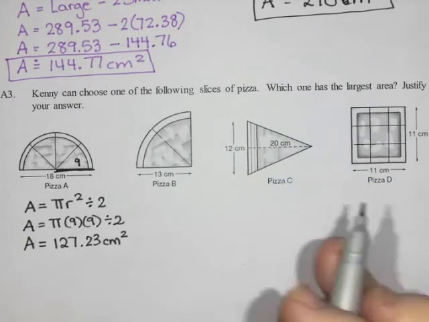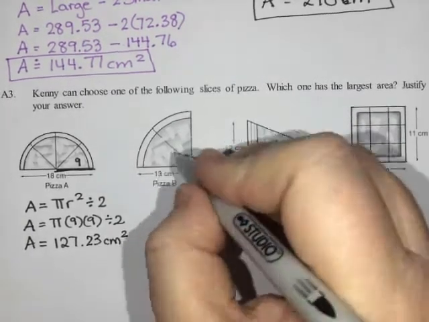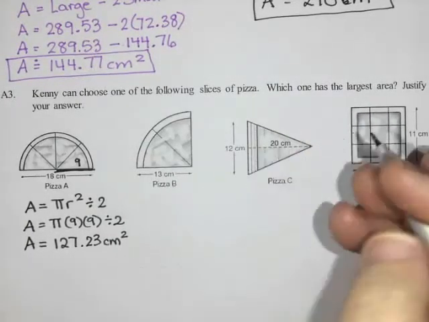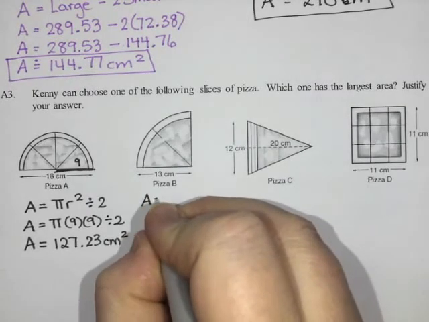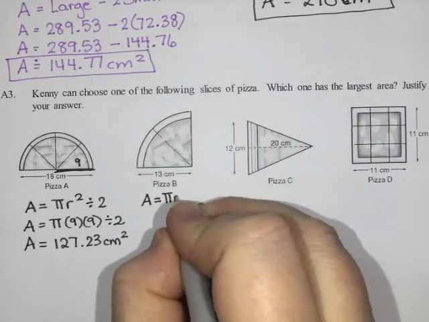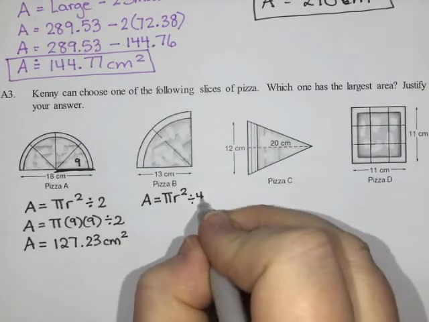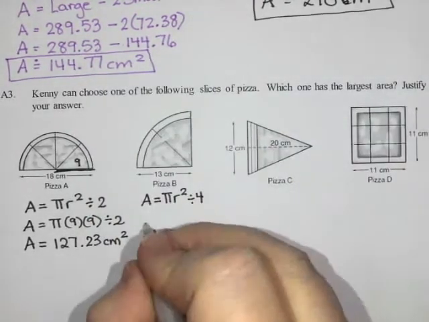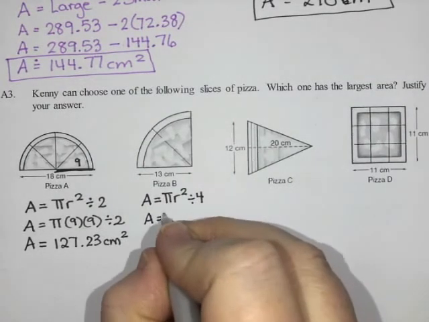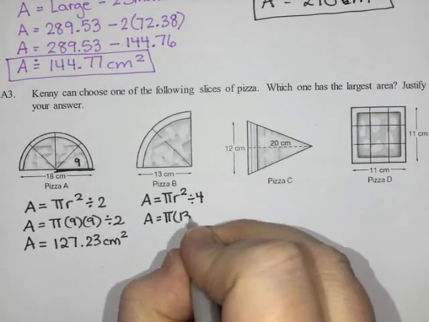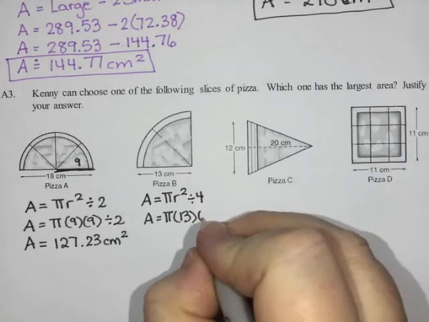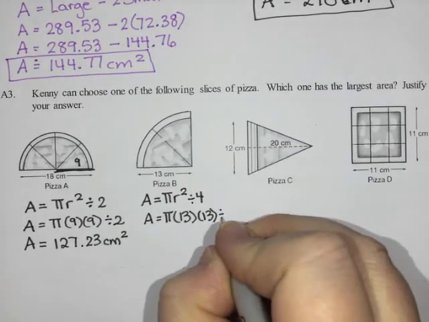Okay, I'm going to take a look at the area of the next one. So this one is only a quarter of a circle, so we're still going to use pi r squared, but we're not dividing by 2, we're dividing by 4 because this is a quarter of a full circle. So this one has a radius of 13. So I'm doing pi times 13 squared divided by 4.